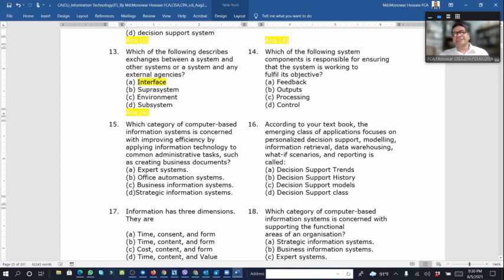Which of the following components is responsible for ensuring the system is working to fulfill its objective? Where responsibility comes in, it depends on control. Control. Let's see the answer. Yes, the answer is control.